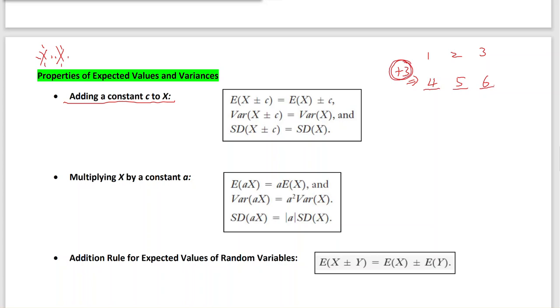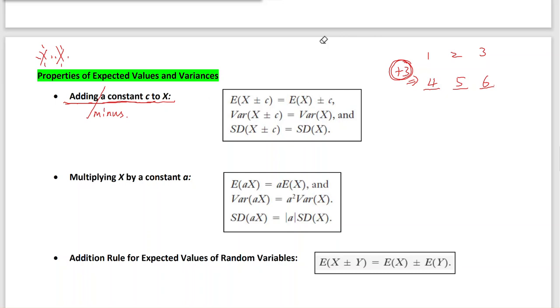So if you are adding or subtracting a constant c to a variable x, if you have x plus or minus the constant c, then the expected value will be just the expected value of x plus or minus c.